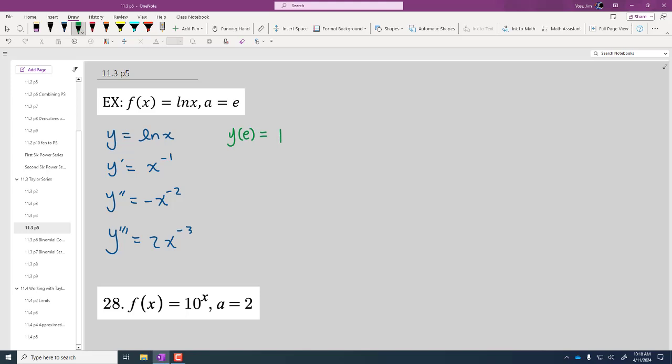So now we're going to plug in our center. Natural log of e is 1. And then we have 1 over e, or e to the negative 1.